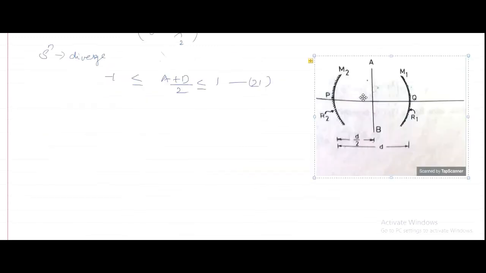So now let us consider a resonator system consisting of two mirrors of radii of curvature R1 and R2 separated by a distance d.